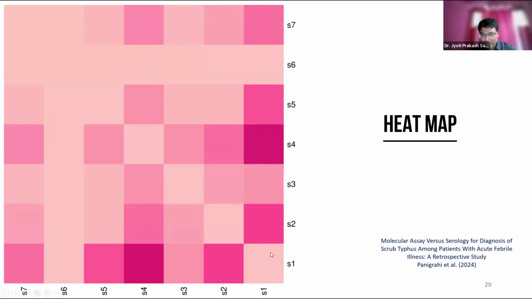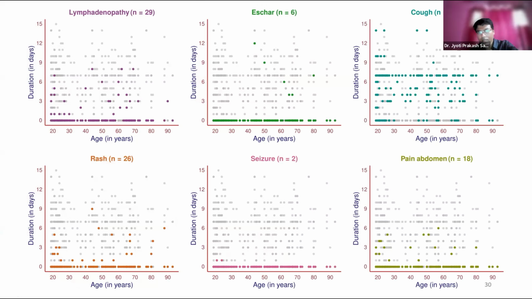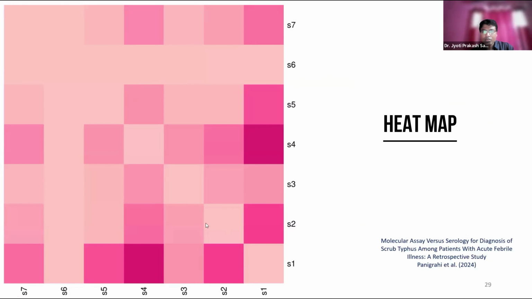S1, symptom 1, is your fever. You note it down. Lymphadenopathy is symptom 2. Eschar formation is 3. Then cough, rash, seizure, and pain abdomen. So here, for symptoms 1 and 4, the shade is darker.